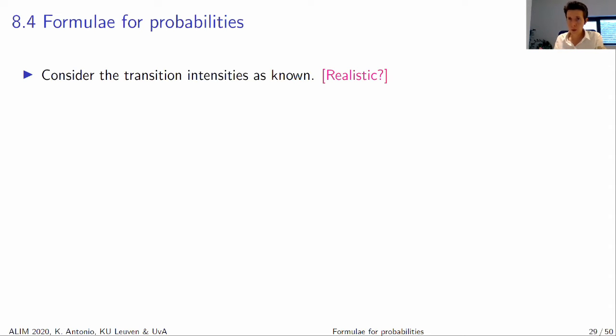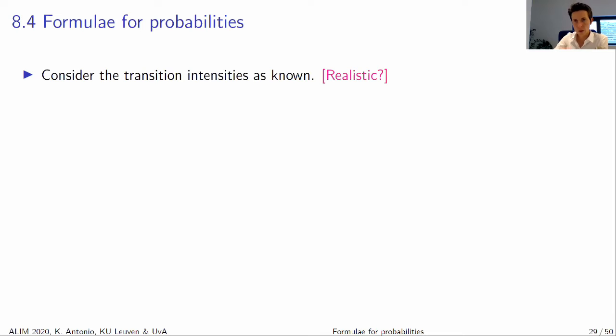Typically, we have to estimate those transition intensities from historical data where we observed, okay, out of a group of people, how many made the transition, for instance, from active to disability, at what age, etc. Yeah, so you would start from a historical data set where you observe the transitions, and from there, using your tools of GLMs, etc., you would be estimating transition intensities, and once you have those, you can use them and plug them in expressions to get transition probabilities. And that's the strategy that we will follow.